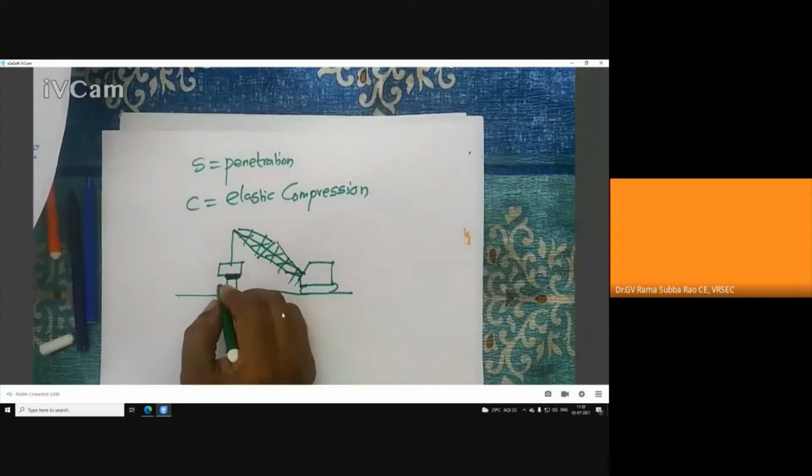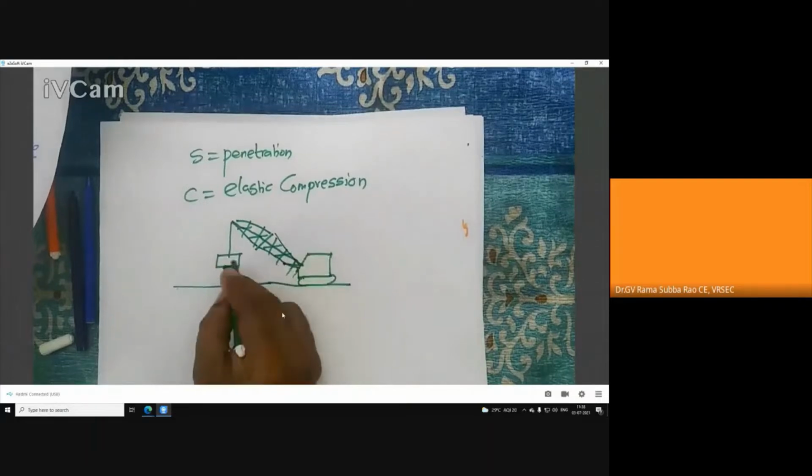Many people have done a lot of research work. Many PhDs were also guided, and even L&T people also worked in this direction. What kind of cushion is a better material? They found that plywood is also a suitable material. While you are hitting the top of the pile, there is a likely chance of damage to the pile top.